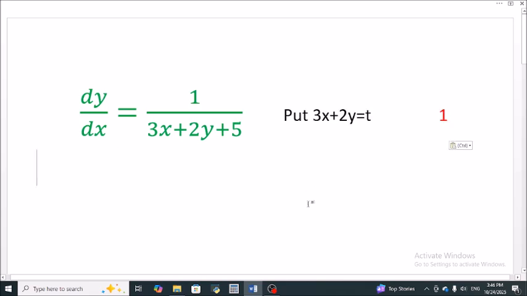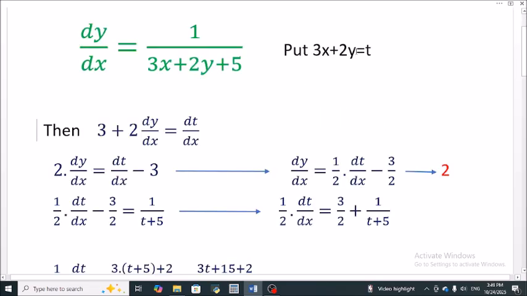The first thing we would do is to assume or put 3x plus 2y equals t and solve for t, as we'll soon see. So here we'll differentiate this assumed expression 3x plus 2y equals t: 3 plus 2 dy by dx equals dt by dx.